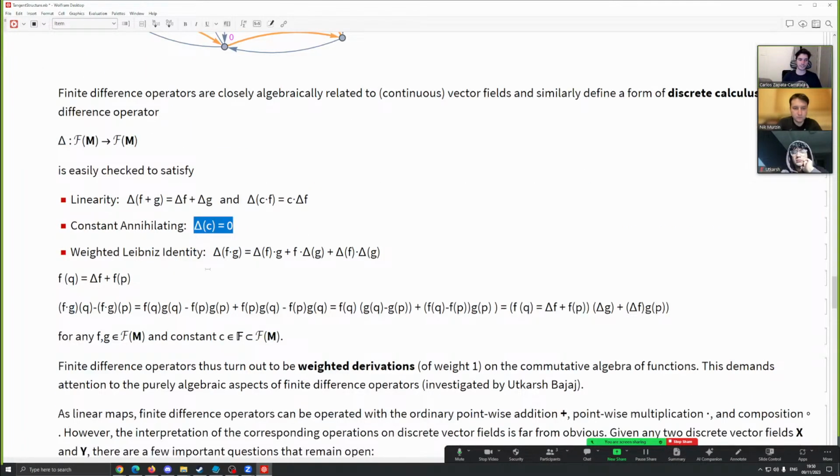And then most importantly, as we discussed last week, and as Uti has been delving into, they satisfy the weighted Leibniz identity, and that makes them quite unique or quite special in the usual treatment.